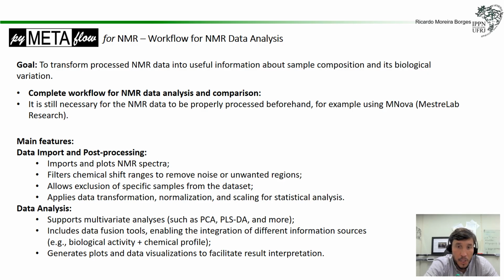We allow for exclusion of specific samples from the data set. It's always better to do that programmatically instead of just erasing data. Right, and it applies data transformations and normalization and scaling before the statistical analysis.